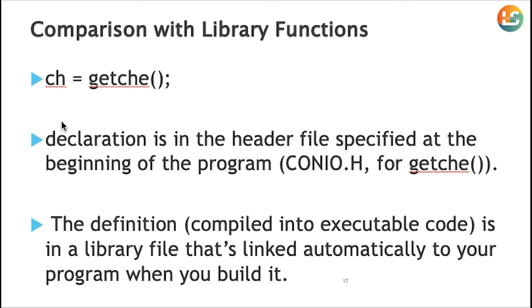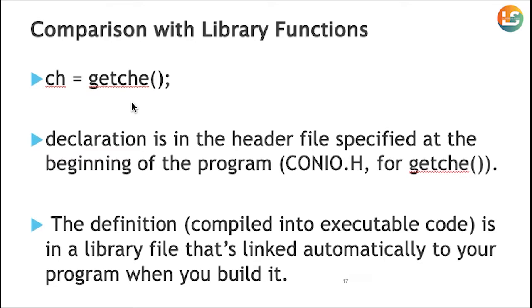All we simply need is to add this header file into our program, and then we can simply access this function. So declaration and definition of the library functions are not required. We can simply call them and use them, and they perform the functionality that is defined in the background.